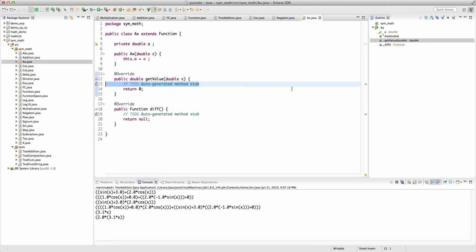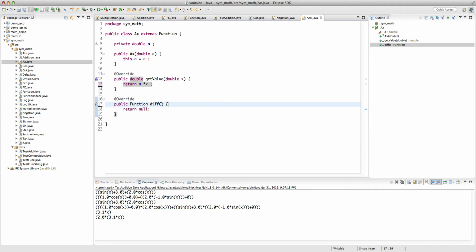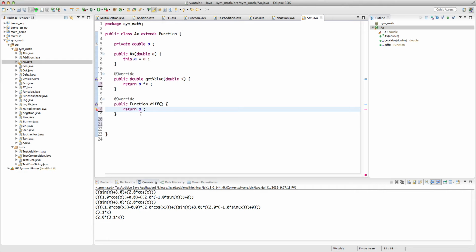In the get value we return ax, in the diff we return a, and basically we return a constant function, new fca.